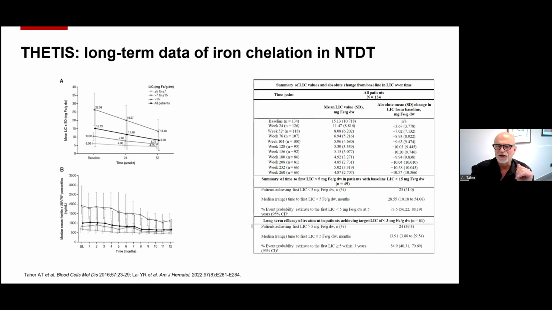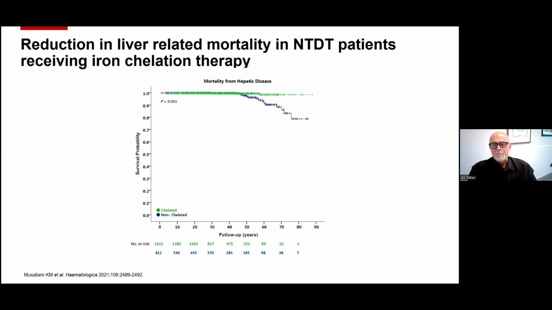Safety was there, and we followed up the patients in another trial till year 5, which is called the THETIS trial, showing also that there is marked reduction and safety, even at 30 milligram per kilogram per day. So reduction in liver iron improved the mortality in this group of patients.